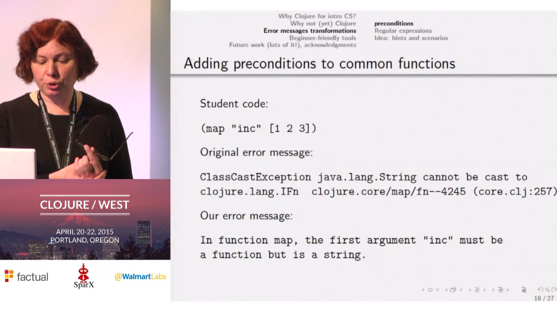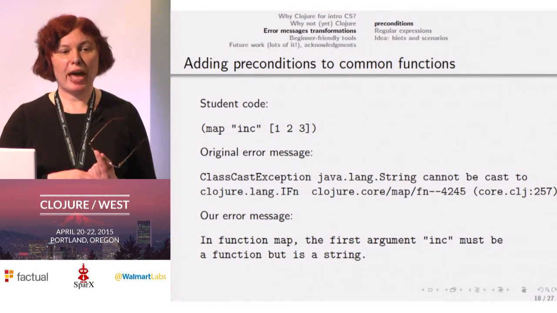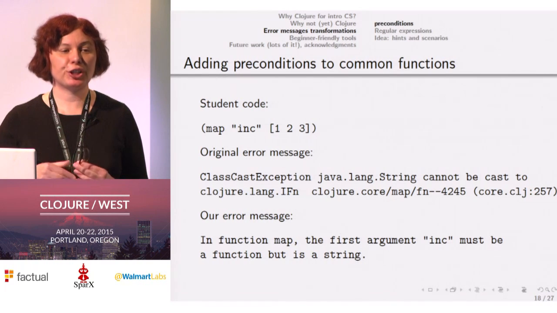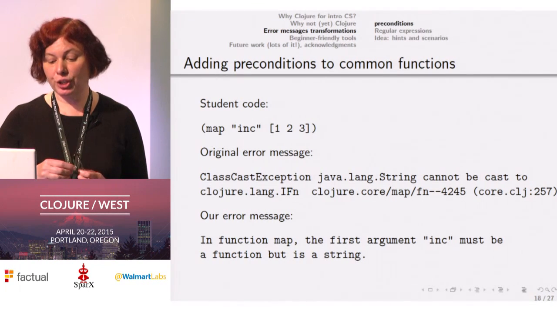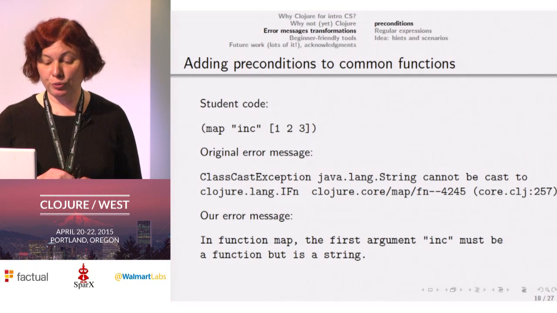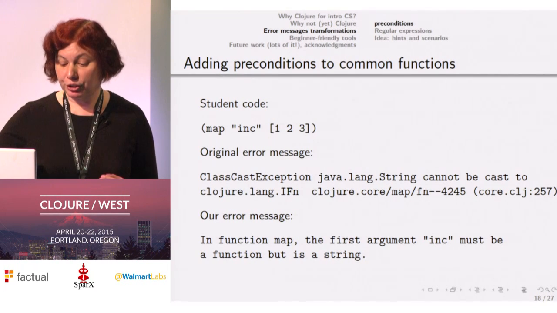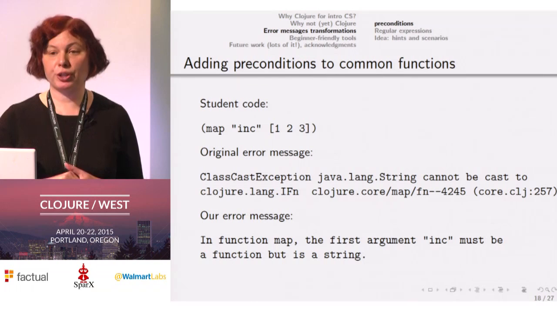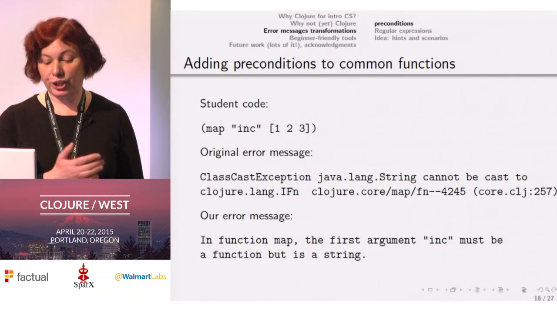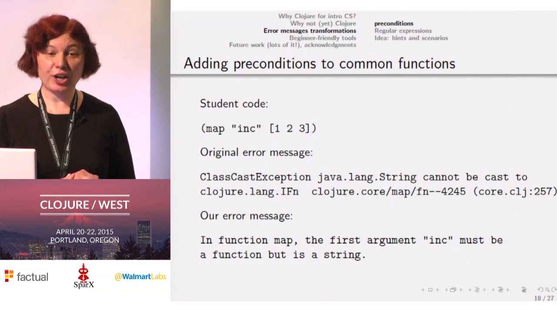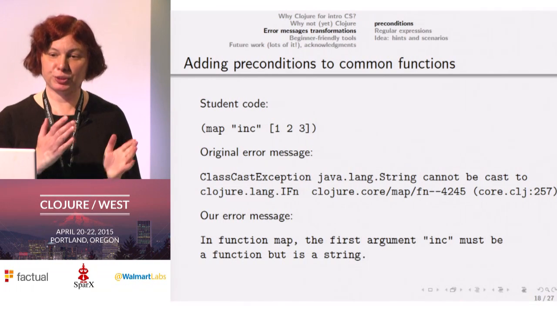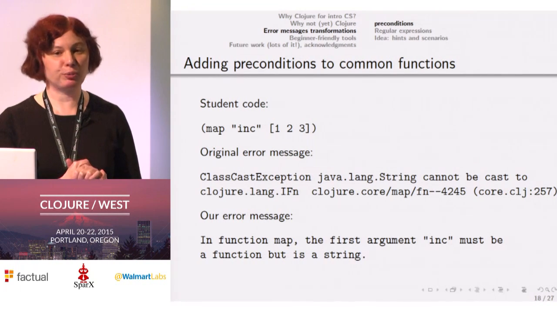So if student code uses a map and they have a string as a second argument and not a function, you see the original message, and that's a class cast exception, java.lang.String and clojure.lang.IFn. That speaks to new students and tells them this is a function?